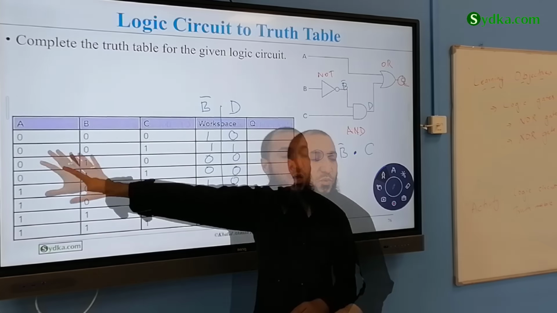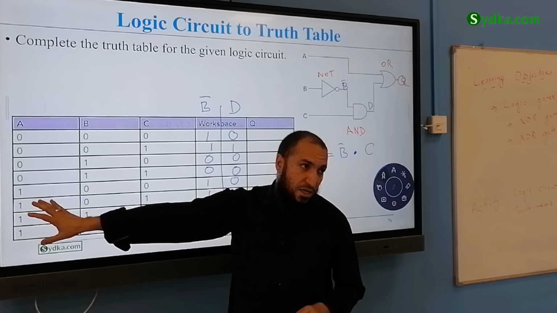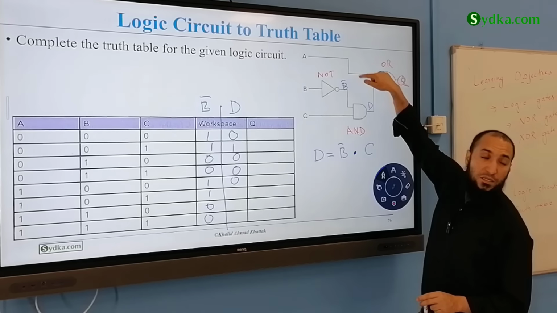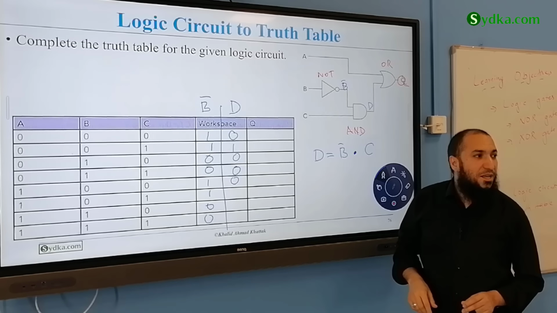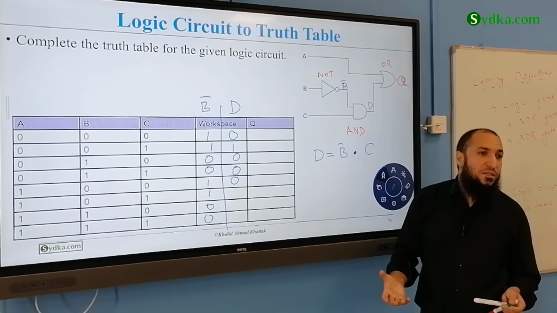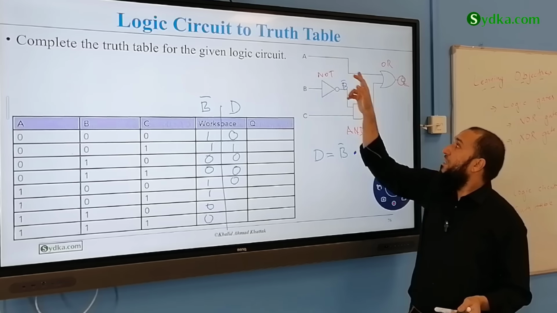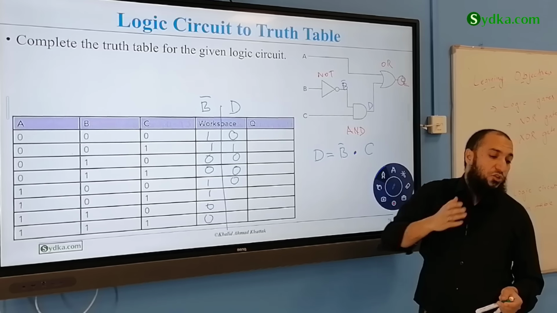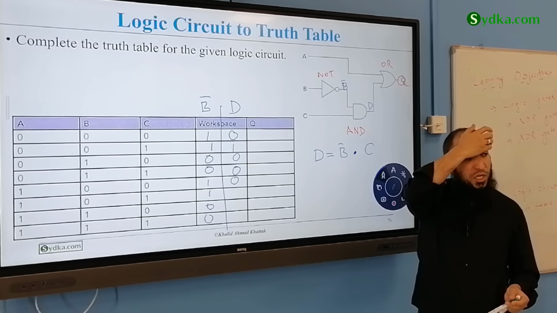we haven't touched A yet. The third step, we're going to touch A with D, because this is how it's being processed. You can't deal with A with D because you haven't got the output yet. So you have to do it in chronological order.